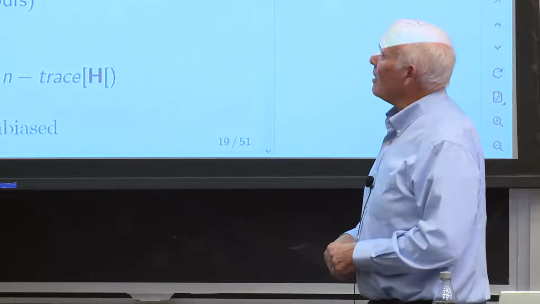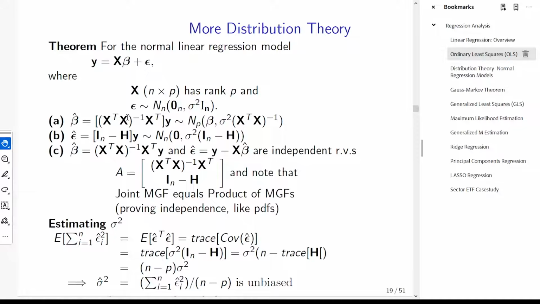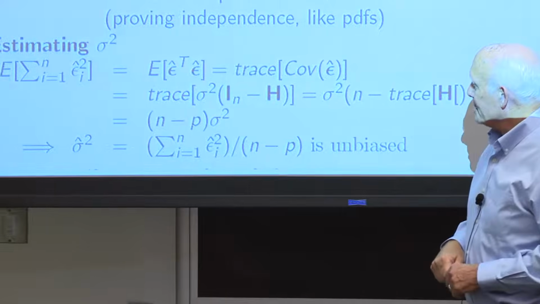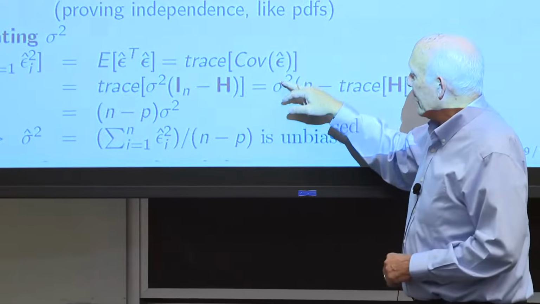And so because of that, when we look at, for example, estimating the error variance sigma squared, well, if we take the sum of the squared residuals, that's the trace of the covariance matrix of the residual vector.